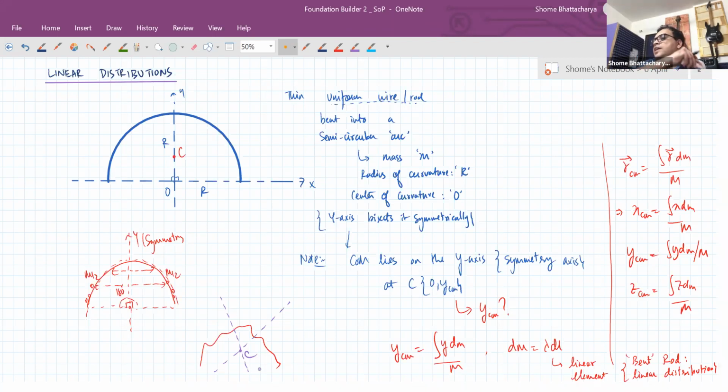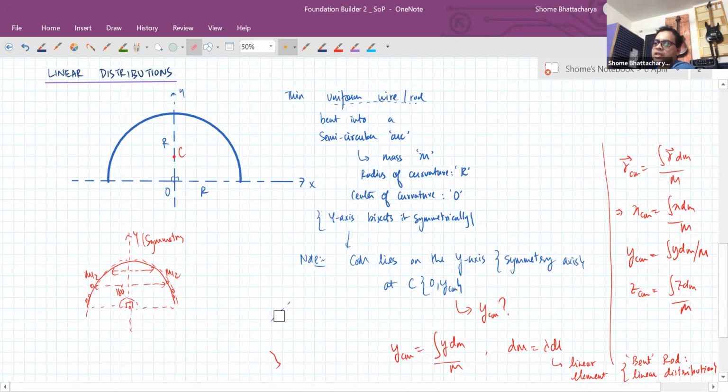Which is why, for a circular arc, we know that the center of mass is at the geometrical center, because any diameter is a symmetry axis and all the diameters intersect at the common center of curvature, so we don't need integration. But here we unfortunately don't directly know the second axis of symmetry, so we have to use integration to find YCM. Okay, is this point clear, beta? Yes, sir. Okay.